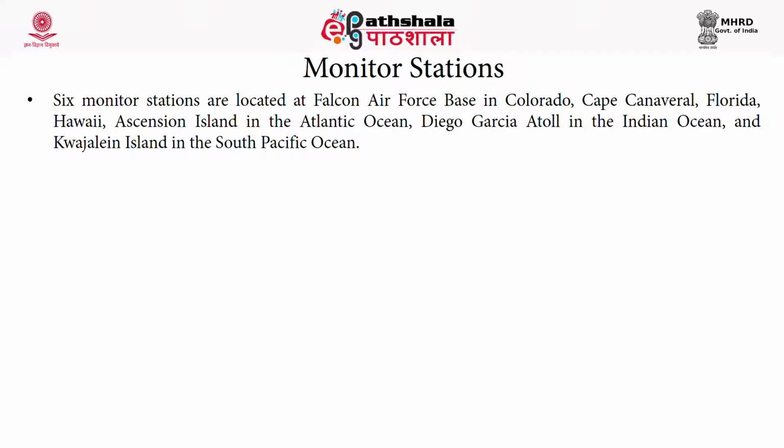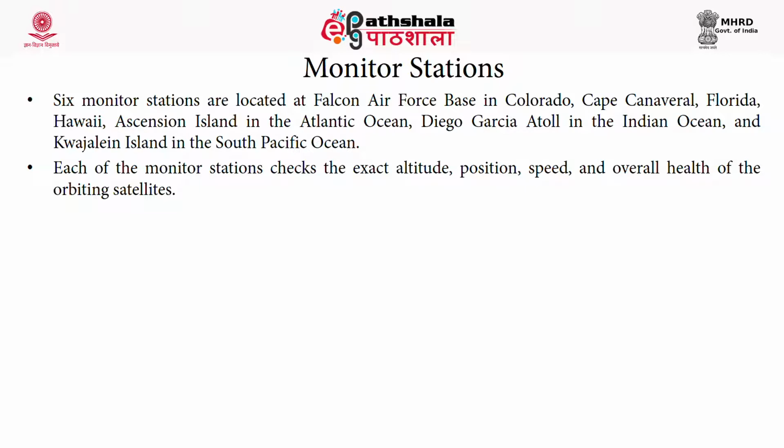Coming to the monitor stations, 6 monitor stations are located at Falcon Air Force Base in Colorado, Cape Canaveral, Florida, Hawaii, Ascension Island in the Atlantic Ocean, Diego Garcia Atoll in the Indian Ocean and Kwajalein Island in the South Pacific Ocean. Each of the monitor stations check the exact altitude, position, speed and overall health of the orbiting satellites.